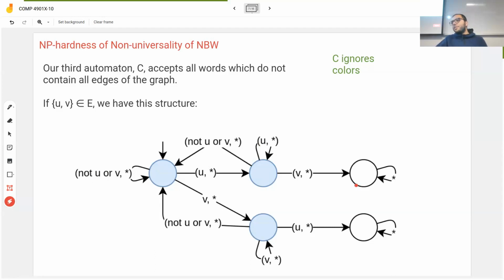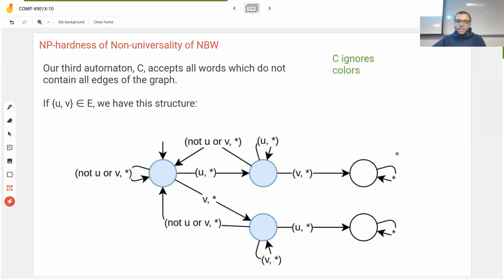By the way, this is a deterministic automaton. So if I have UV, I will end up here, and that's the only path because this is deterministic, and I will reject. Similarly, if I have VU, I will end up here, and because my automaton is deterministic, I will also reject because that's the only path.